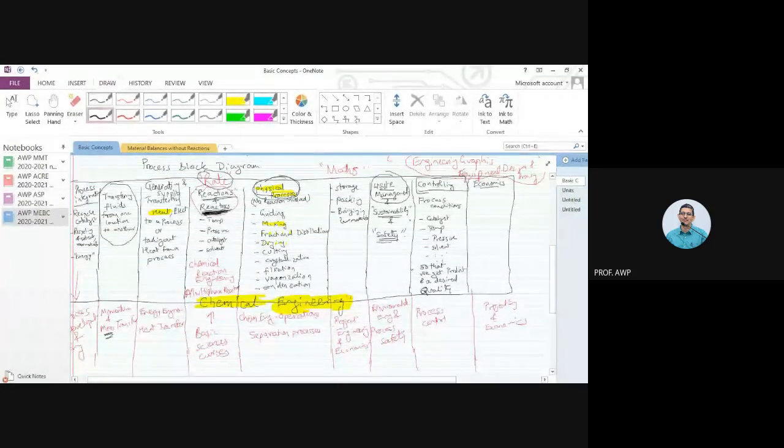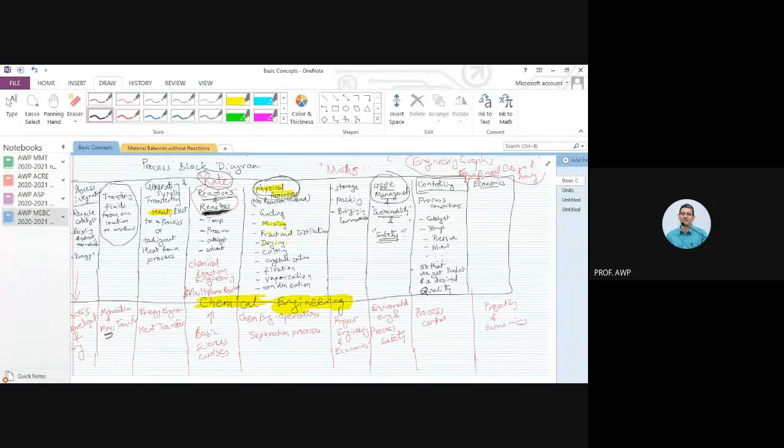If the rate at which the drug is delivered is too small, the patient will not recover. If the rate at which the drug is delivered is very high, the patient will have side effects. So controlling the rate at which the drug is delivered, controlling the place at which the drug is delivered. Okay.